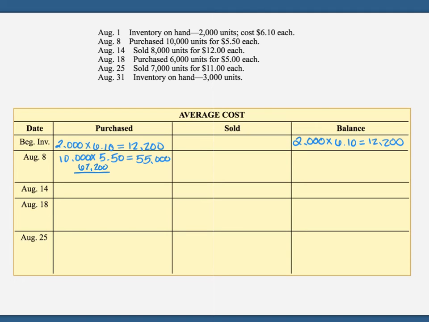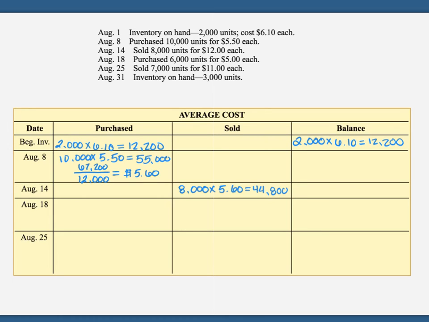We divide that by the total units we purchased to date, which is 12,000. That gives us our average cost per unit at $5.60. So now, on the August 14th transaction where we sold 8,000 units, we multiply by the average unit cost number, $5.60. That gives us 44,800. That's the amount sold.